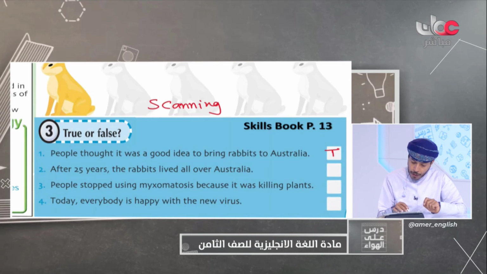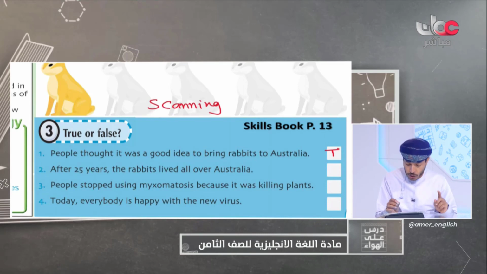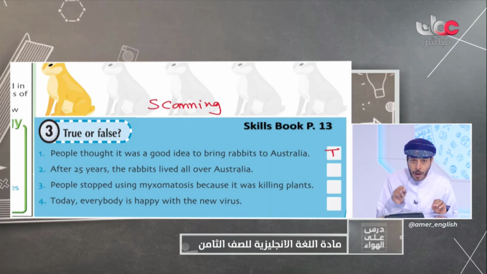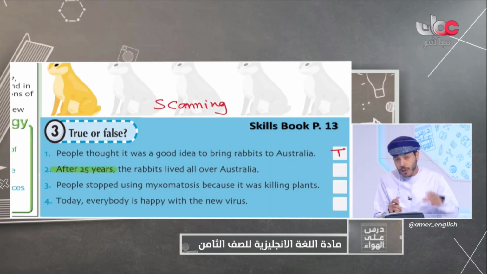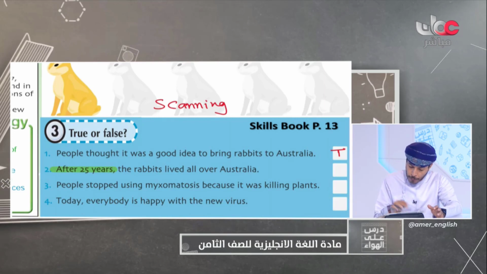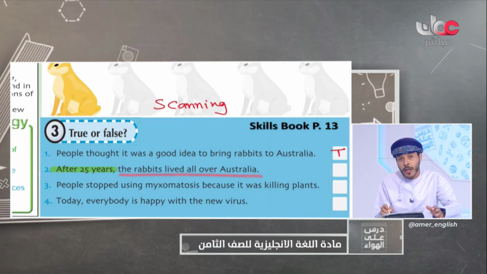Good. And this is one of the reading strategies that we have to pay attention to, which is the use of numbers. And here we have after 25 years. So look at this one, please. After 25 years, what happened? The rabbits lived all over Australia.